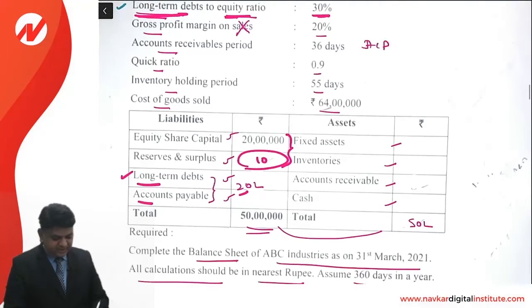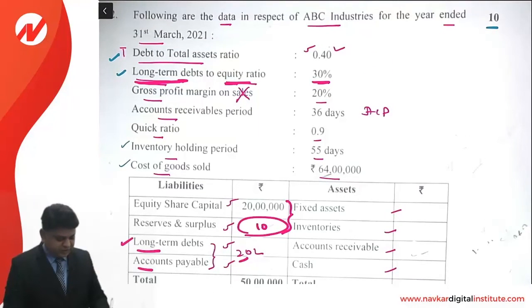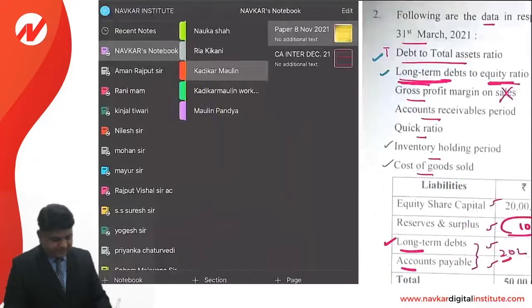As far as the inventory holding period is concerned, it is 55 days and COGS is given. So dear students, taking into account the COGS and GP ratio, we can compute the sales. Once you compute the sales, you can compute the debtors. So let us make the subsequent working.